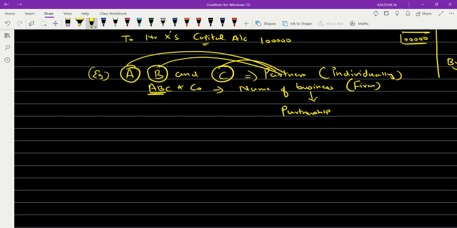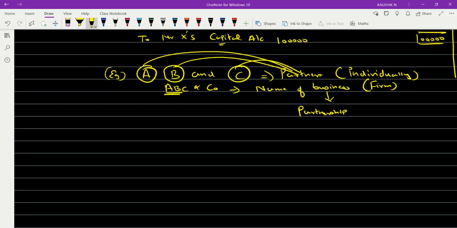Partners are the name of each individual in the business. Partnership is a form of business organization, and the term firm is nothing but a collective of partners. So individually they are partners, collectively they are a firm. Am I making sense to you? Are you able to understand?